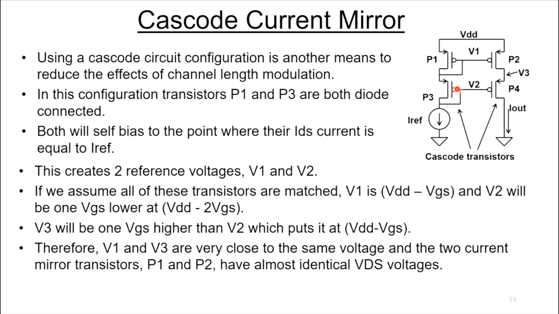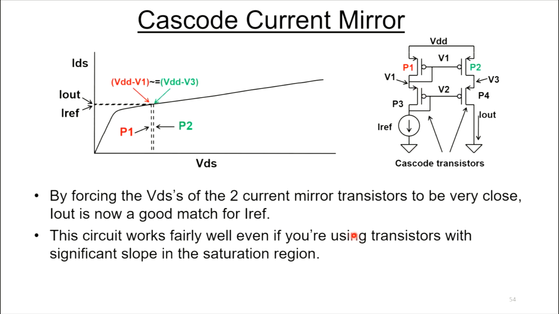So you go down 2, up 1, that leaves 1 VGS for the drain to source voltage across P2. Well, the drain to source voltage on P1 is also 1 VDS. It's kind of hard to explain, but let's look at it from a graphical standpoint.